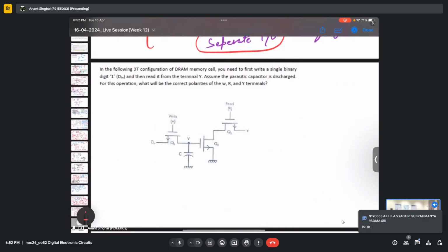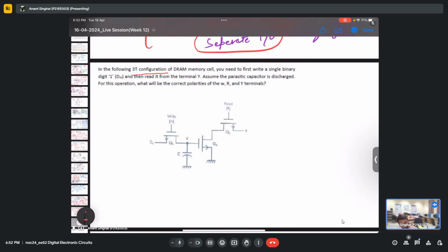So you can try this out. I have already explained this in the first part, that is DRAM. The question says we have a 3D DRAM in which you need to first write a single binary digit 1, then read the binary terminal, and we need to read it at y. So we need to find y. We need to write 1, so basically we need to have d in as 1.